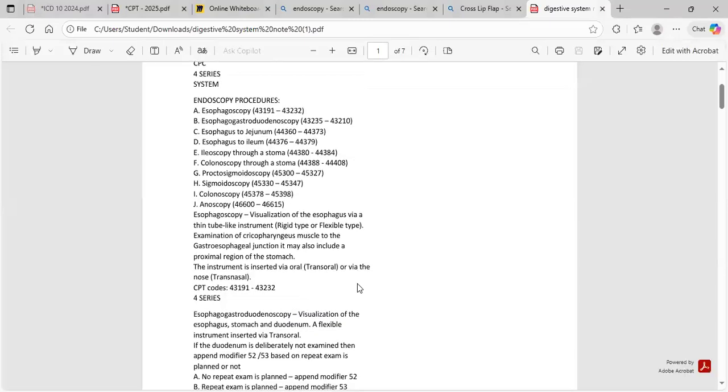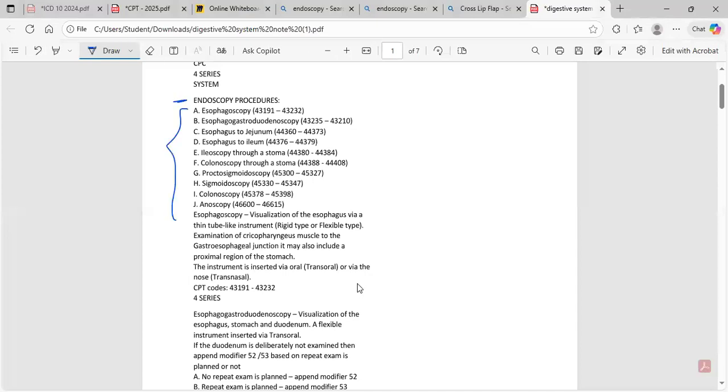Okay. So as I already told you, our endoscopy procedures are also based on the location itself. If the endoscopy procedure is performed on the esophagus, esophagoscopy means visualization of the esophagus through the tube, and it includes the examination of the cricopharyngeus muscle.